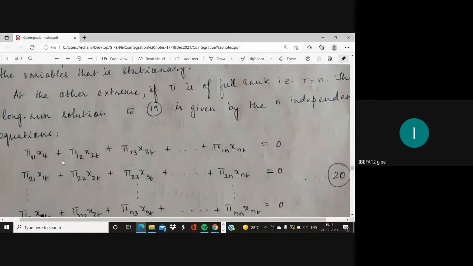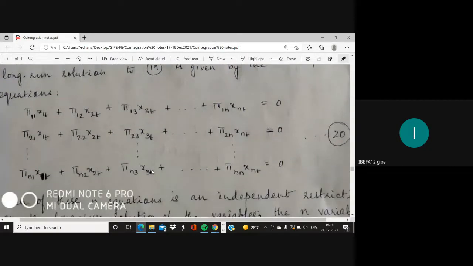Because all the n equations, or n rows, are independent, the long run solution to equation 19 is given by each of these n independent equations, where all these terms are equal to 0 when multiplied by the parameters of the pi matrix.